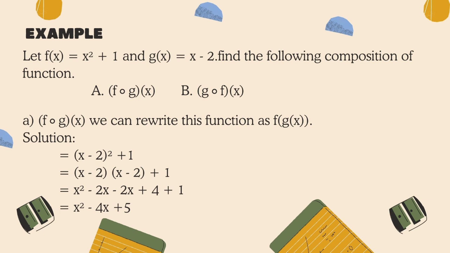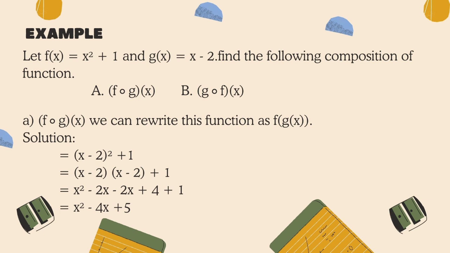So by using the FOIL method, we will have x squared minus 2x minus 2x plus 4 plus 1. So by this, we have to combine like terms so we can get the answer. So by combining like terms, the answer that we will get is x squared minus 4x plus 5.